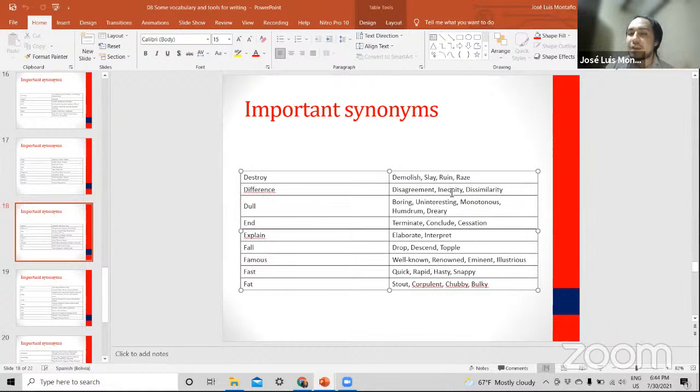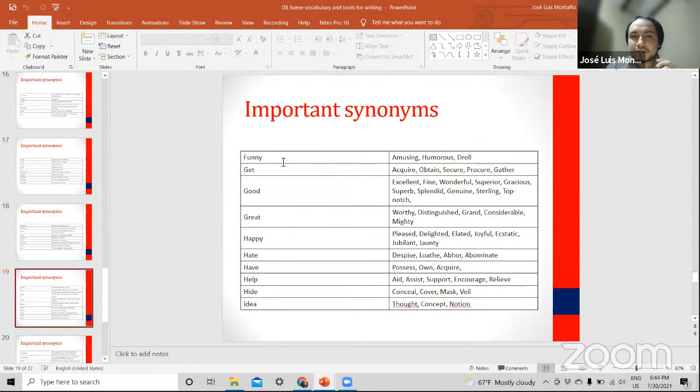Explain: elaborate, interpret. Then you have famous: well-known, which is very common as well, renowned, eminent, and illustrious. That's it in those terms.